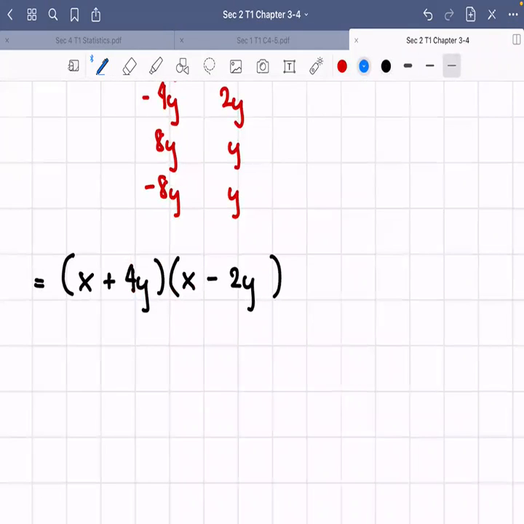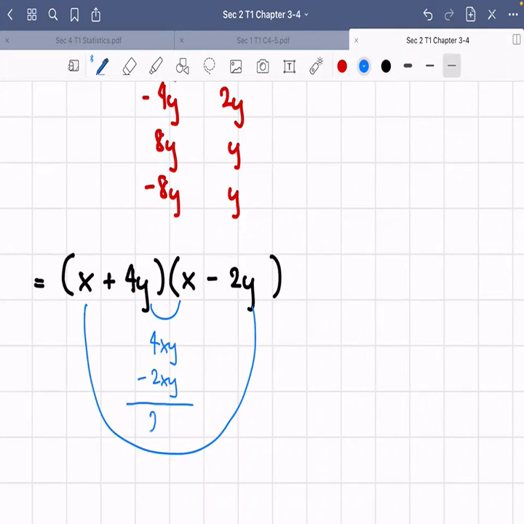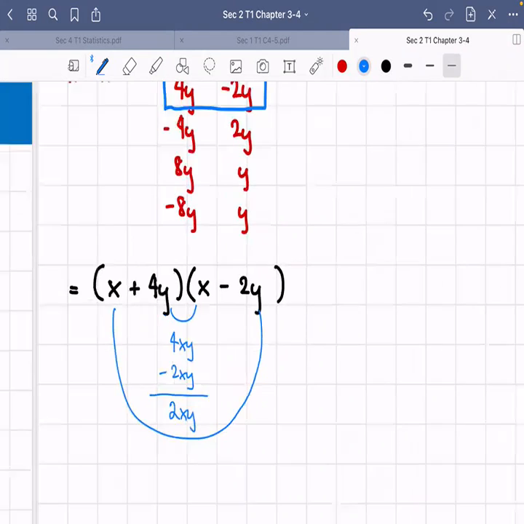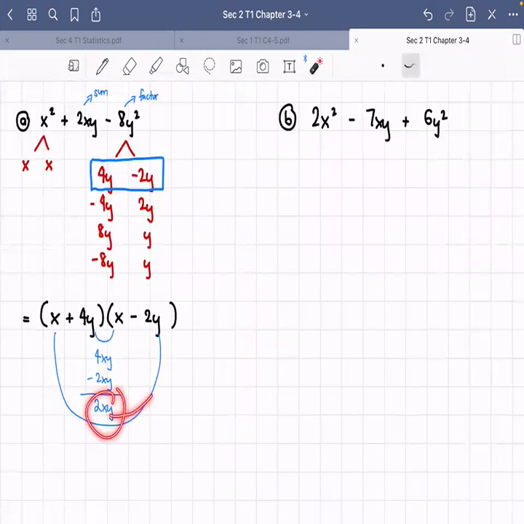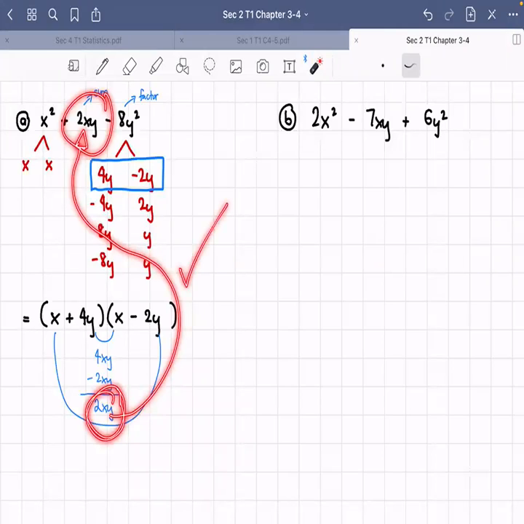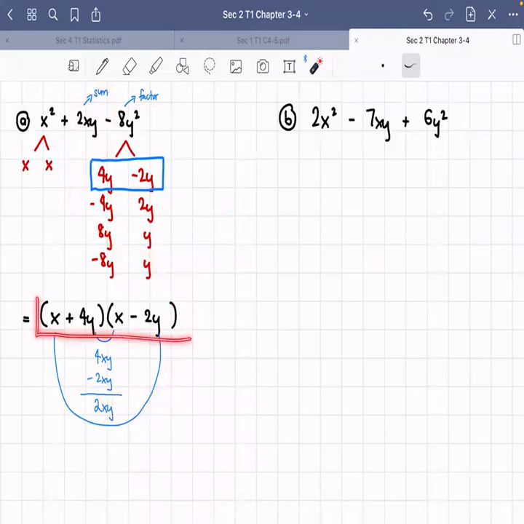The inner is 4xy, and then the outer is -2xy. When you add this, you will get 2xy, which is similar to the middle term. If they are equal, that means your answer or your factors are already correct.